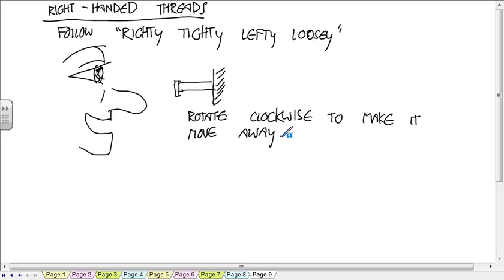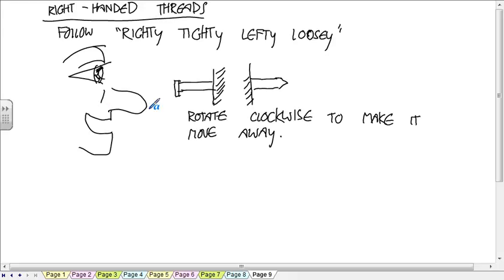Okay. So if you turn it clockwise, that's rotating it right, like turning a steering wheel to the right, and that tightens it into the thing, makes it move away from you. Okay. And so here's the other end of the screw. How do you know which side is the side that works that way?